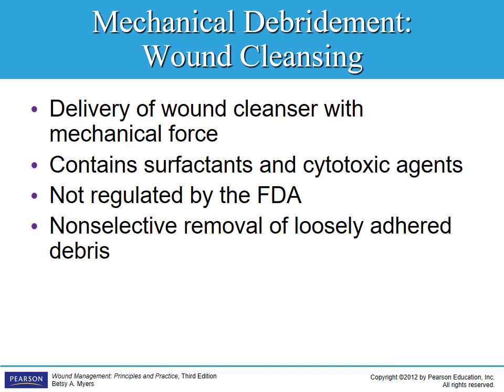You can get non-selective removal of any kind of debris, even loosely adhered tissue, because when you spray this wound cleanser, there is a mechanical force behind it that, coupled with the surfactants and the cytotoxic agents in it, will cause removal of devitalized tissue, but also, again, young granulation tissue can be removed as well.